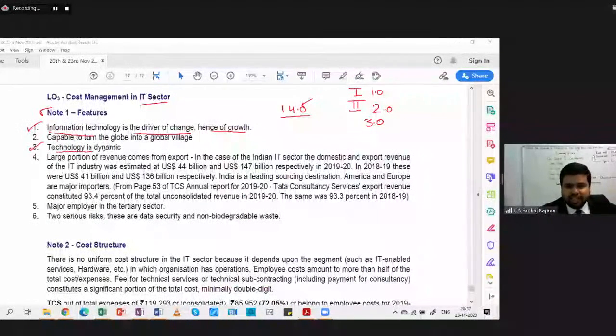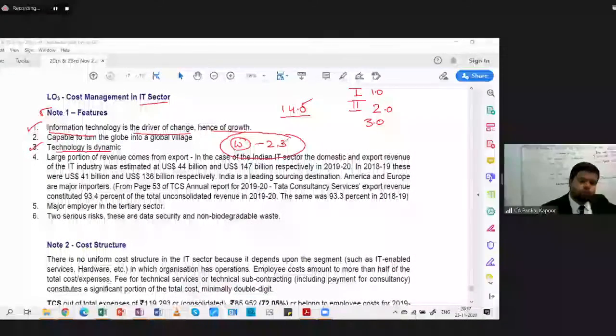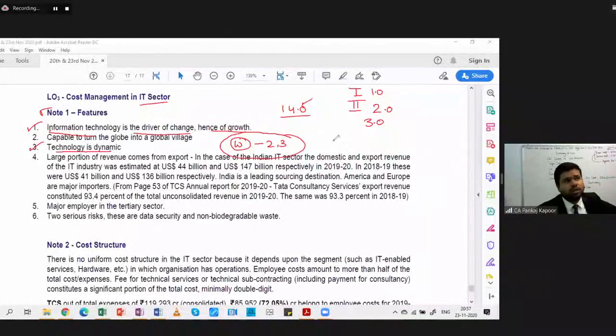The technology is dynamic, and this dynamic nature of technology results in a short life cycle of products. For example, the Windows you buy today will be useful maybe for only 2 or 3 years, then another version of Windows will be launched. Hence, for the company producing Windows, the life cycle is 2 to 3 years. And you, being a consumer, need to absorb the expenditure you incur on the purchase of Windows within 2 or 3 years.